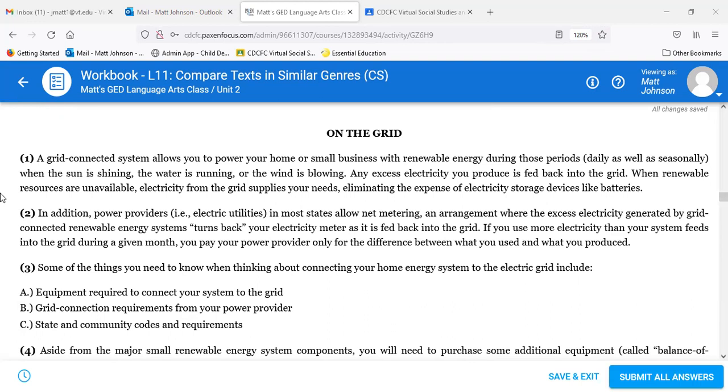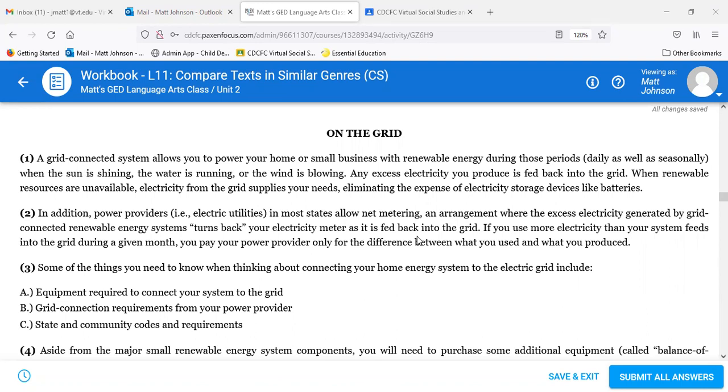When renewable resources are unavailable, electricity from the grid supplies your needs, eliminating the expense of electricity storage devices like batteries. In addition, power providers, i.e.